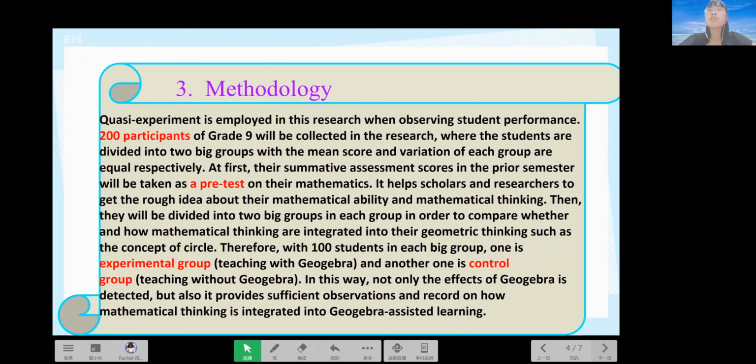Both groups will be taught by the same teacher, so that there are no other interference factors. In this way, not only are the effects of GeoGebra detected, but it also provides sufficient observations and records on how mathematical thinking is integrated into GeoGebra-assisted learning.